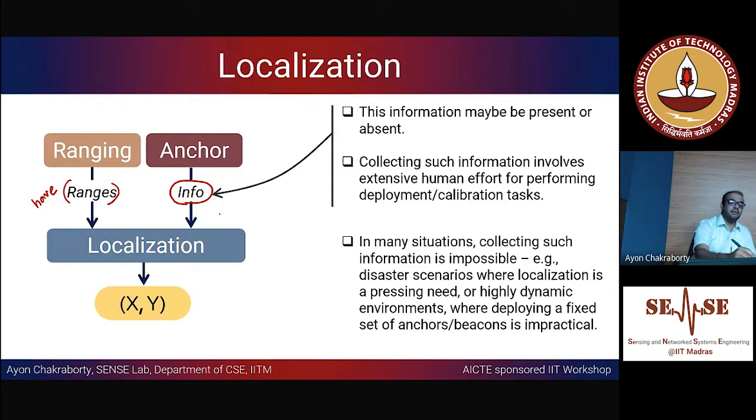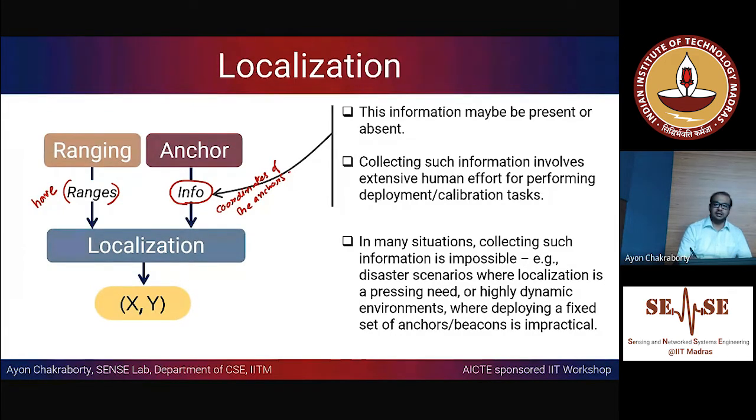What we do not have is the coordinates of the anchors. Okay. So it's basically, you can think that you have a collection of nodes, right, whose locations are unknown, and your device's location is also unknown, right?